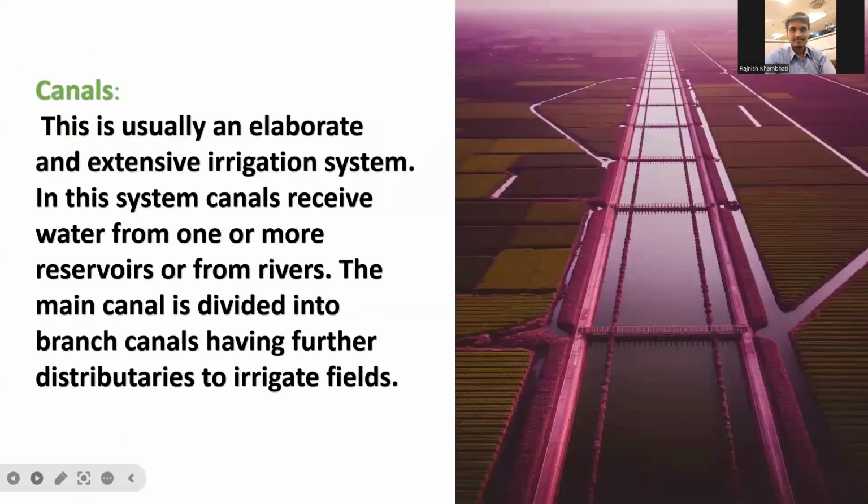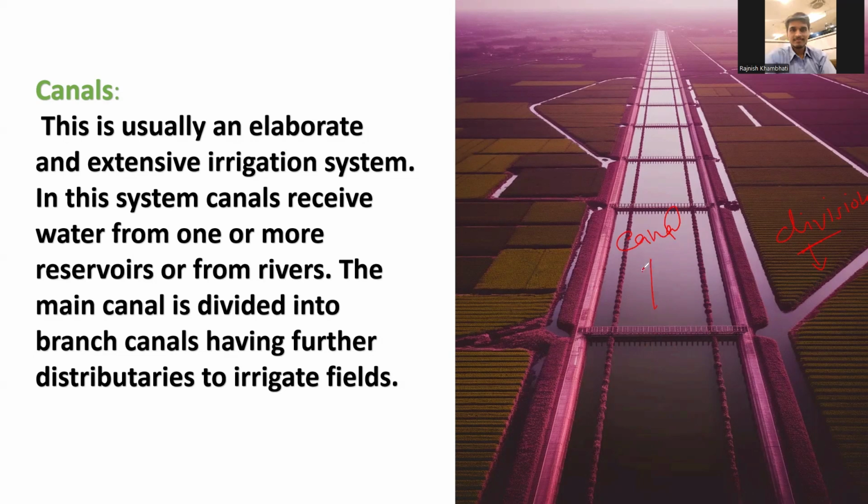The second example is canals. You can see the picture. This is a canal. Now, this is a canal where water is coming from a river. From the river, water comes into the canal, and from the canal, you can see this area, this is a small division of the canal.